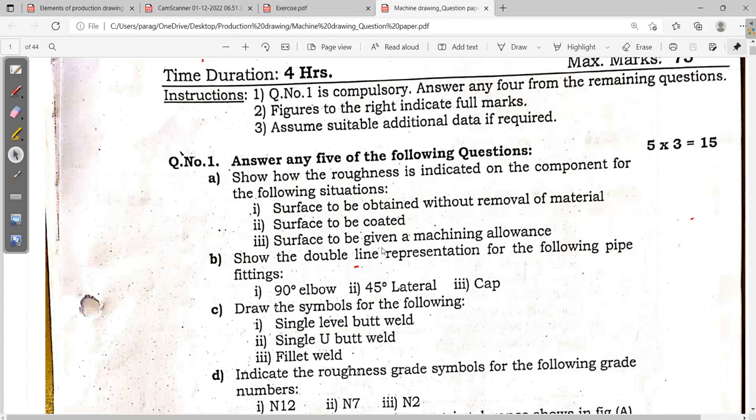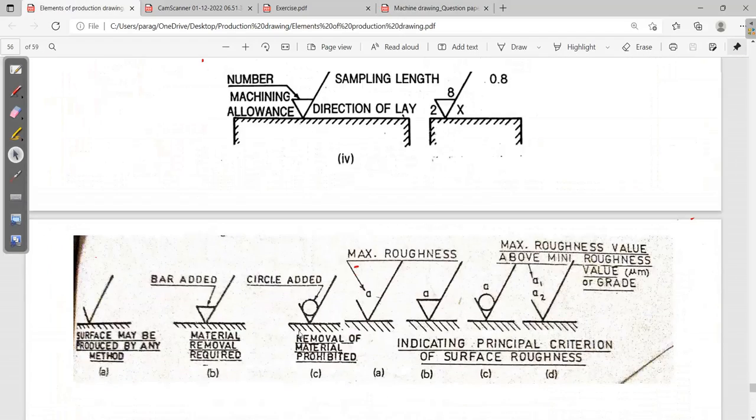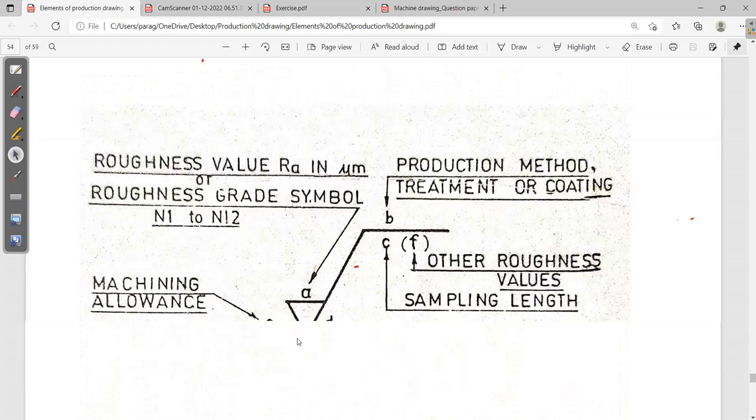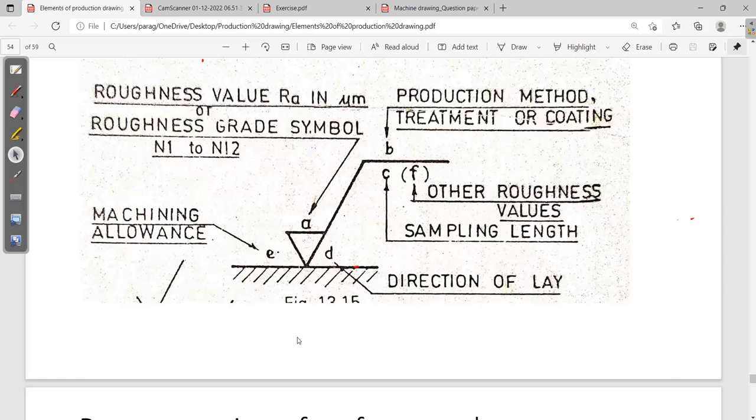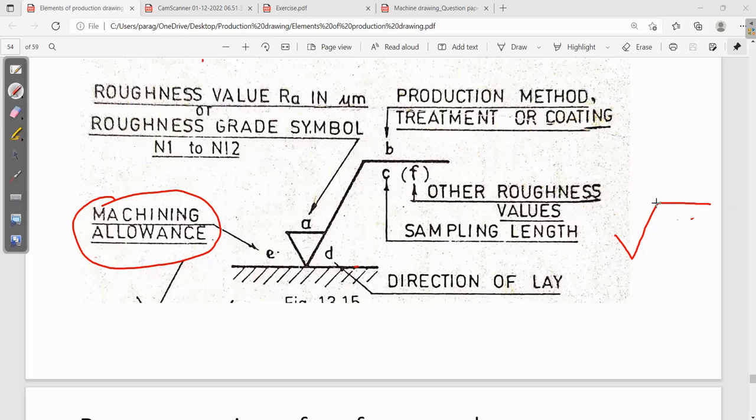Next, surface to be given a machining allowance. Where did we give the machining allowance? I told you this diagram, you must know it by heart. Here we are providing that machining allowance. You can just draw this symbol, and whether you indicate this bar or not, it doesn't matter.